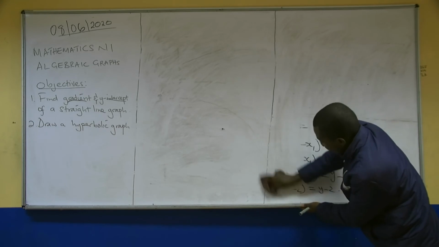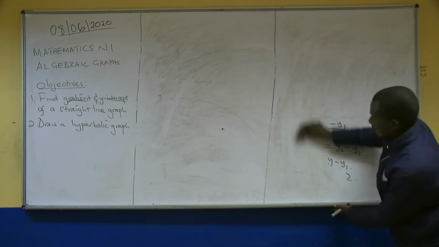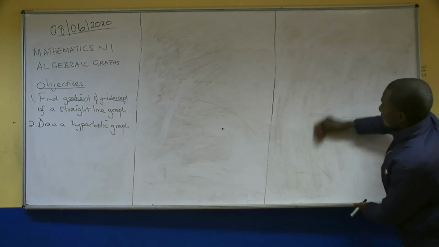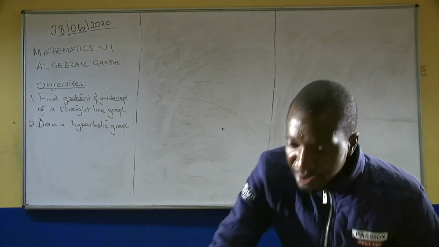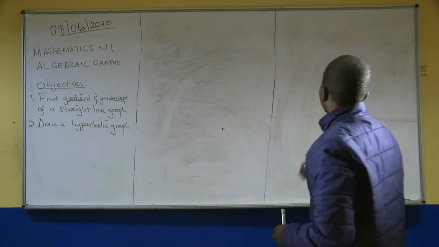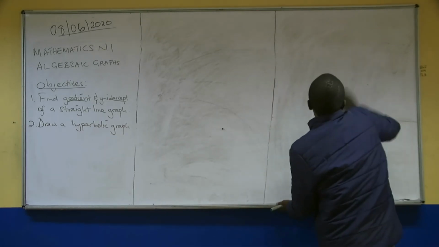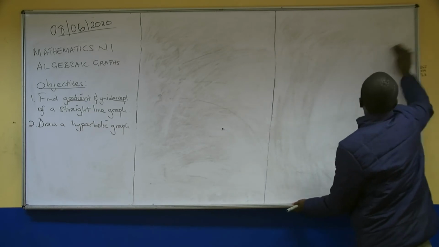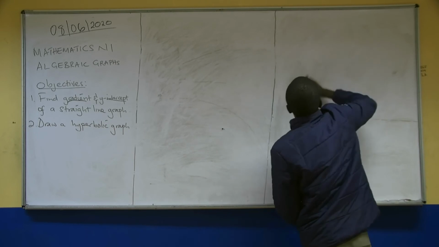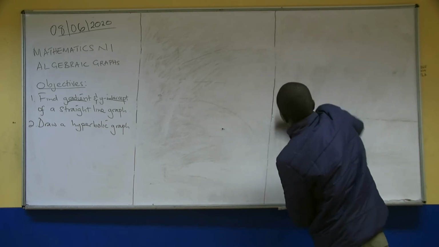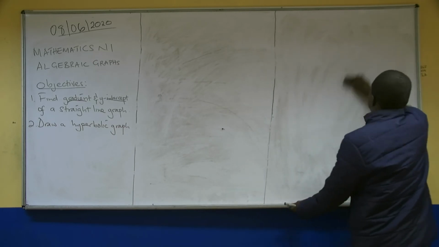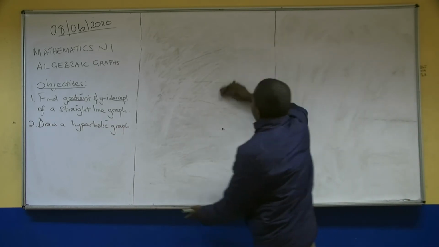So I'll quickly explain what a hyperbolic graph is and throw a question that will help us to understand these types of graphs. They are very much examinable, and I expect each of us to be able to draw such a graph, because you find it in almost every maths paper.